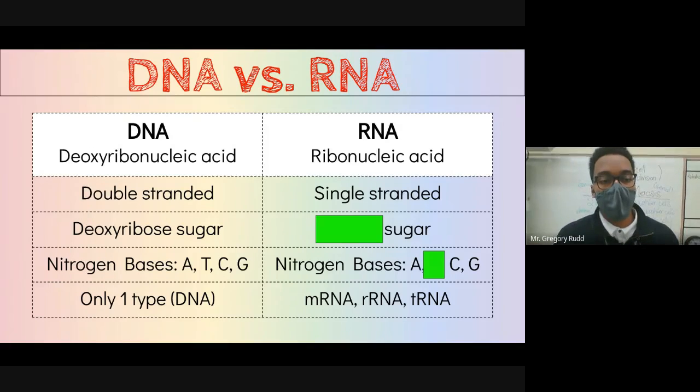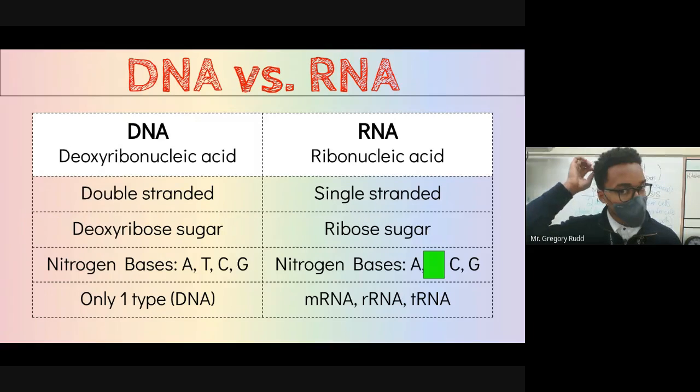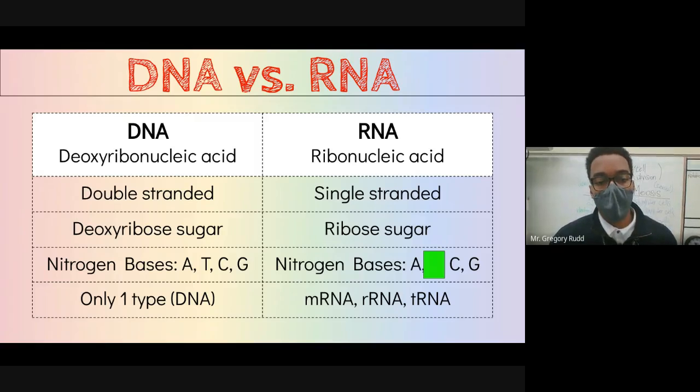DNA has a sugar called deoxyribose sugar, whereas RNA uses regular ribose sugar. DNA has the nitrogen bases A, T, C, G, whereas RNA has the nitrogen bases A, U, C, G. So please make sure you've got this chart copied down.